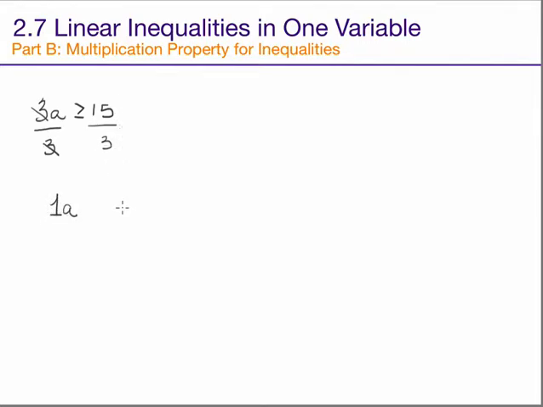So I get a on the left-hand side, 5 on the right-hand side, and I'm just going to drop the sign straight down. As I begin to do this, I think back. Did I multiply or divide by a negative number? No, it was a positive number. So I don't need to flip my sign, it literally just gets copied down in the same way that an equal sign would. My solution is a is greater than or equal to 5.